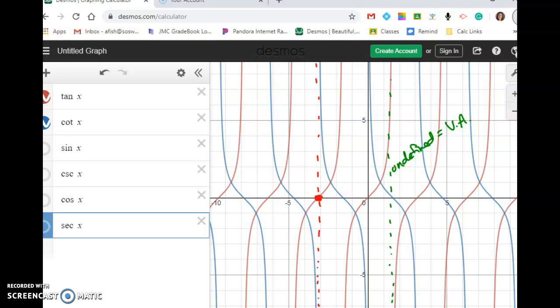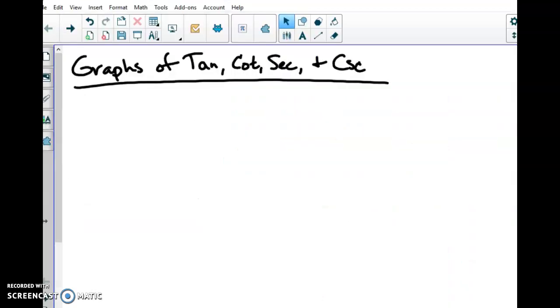And notice that actually occurs where tangent equals 0. And that makes sense because if you're doing the reciprocal of that, you're doing 1 over 0, which doesn't work, it's undefined. Okay, so connection between those two, notice they still have that same pattern there. One just is going a different direction versus the regular tangent function.